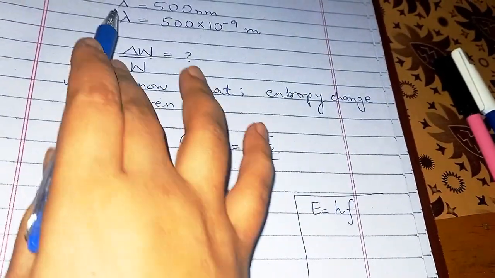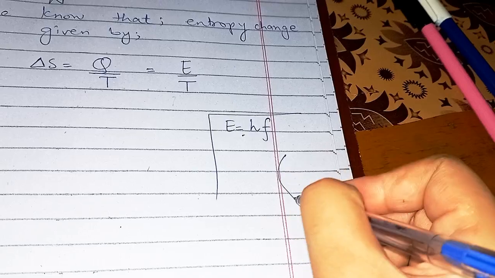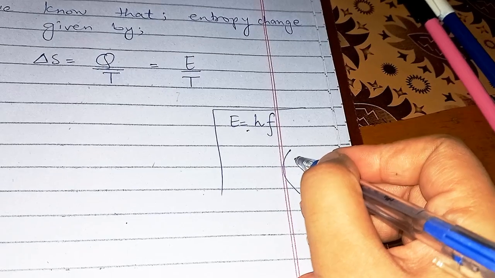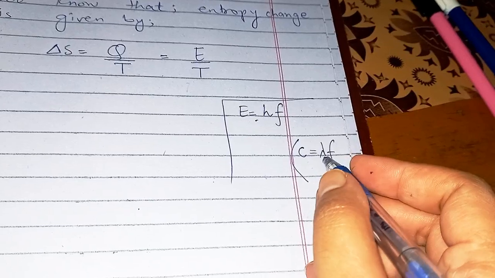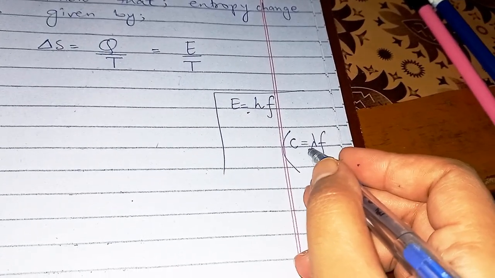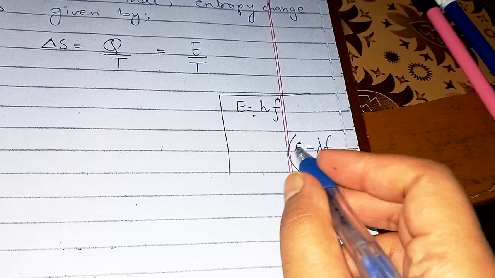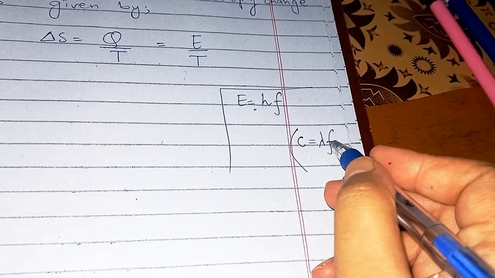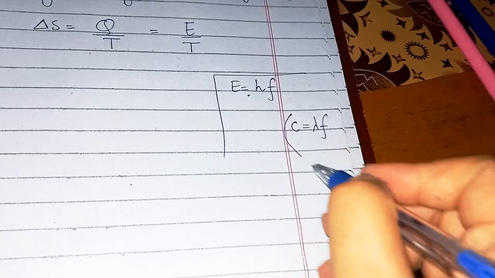Since we are given lambda, we can convert this formula into lambda form. We know the formula c is equal to lambda f, which is the formula for electromagnetic waves that connects the frequency, wavelength and speed. So we can find the value of f, and for that purpose we'll take lambda to the other side of the equation.